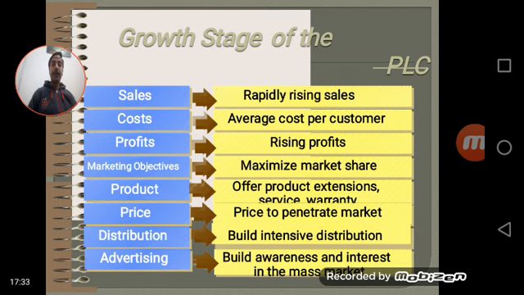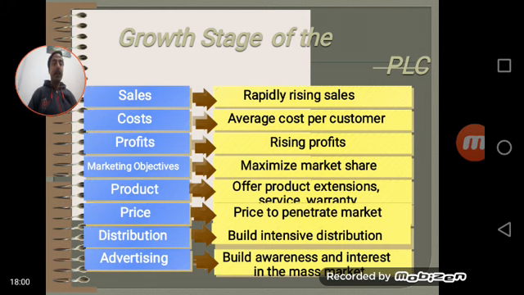So what kind of marketing strategy will you follow? Maximum market share, maximize market share. Now in introduction stage, we are giving it to only some people to sell your product. But in growth stage, you will give the product to each and every distributor, retailer, wholesaler.